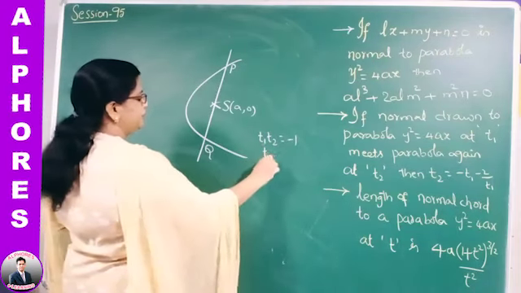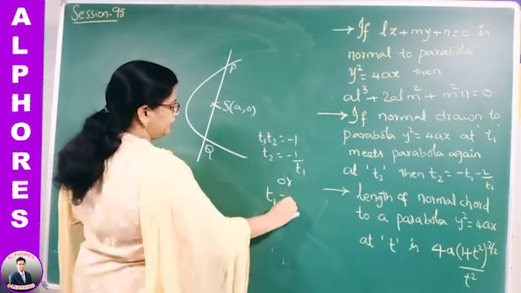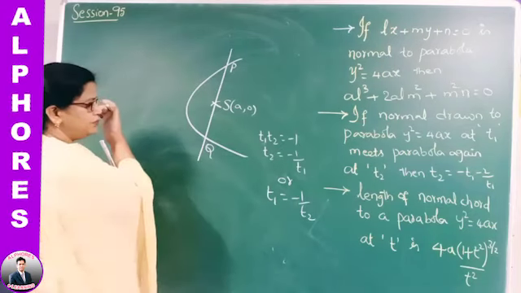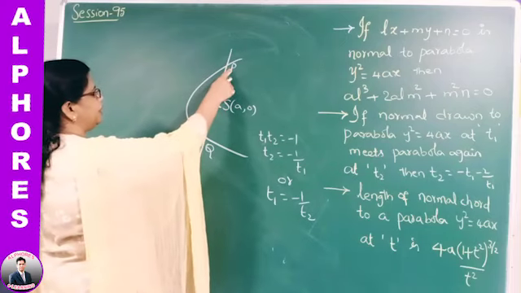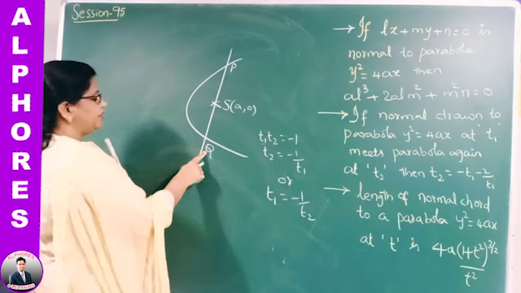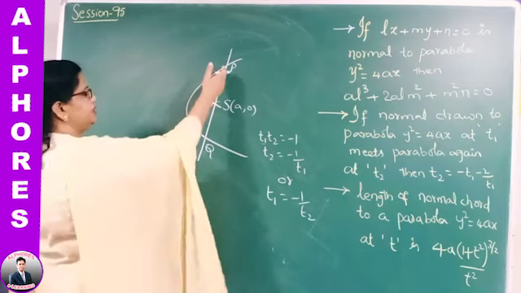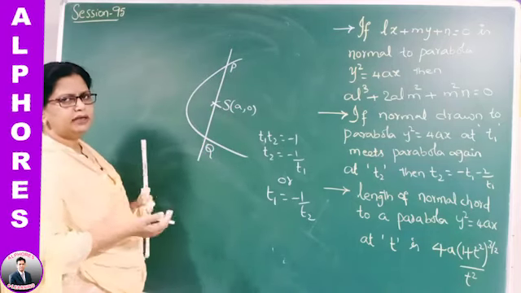If you take t2, it is minus 1 by t1, or if you take t1, it is minus 1 divided by t. So while taking a focal chord, students, you can observe the focal chord drawn at P meets the parabola again at Q, and the focal chord drawn at Q meets the parabola at P. These are just internal relations, but the thing with normal is not like that.